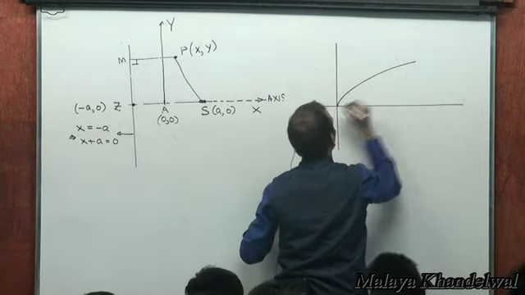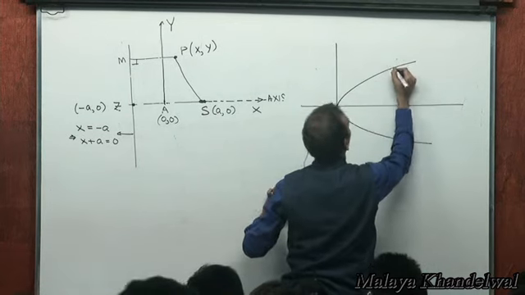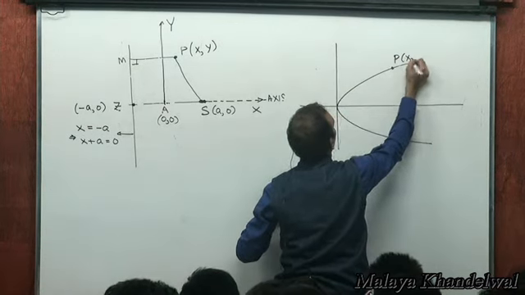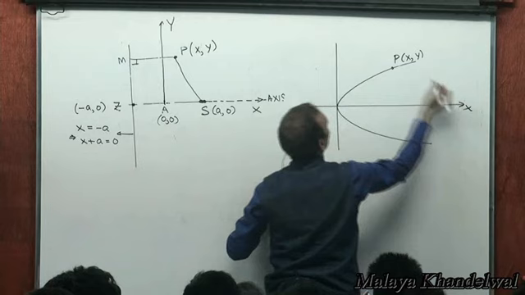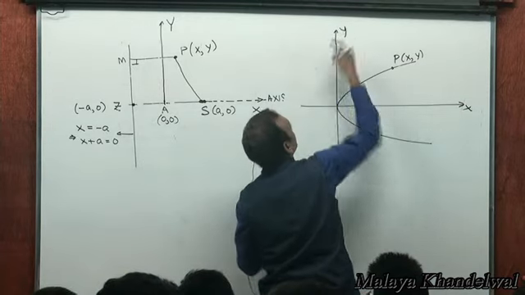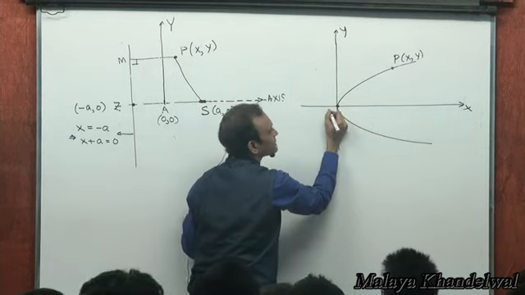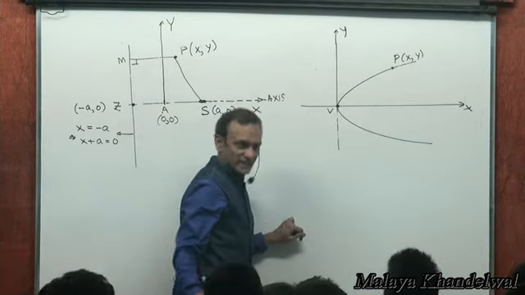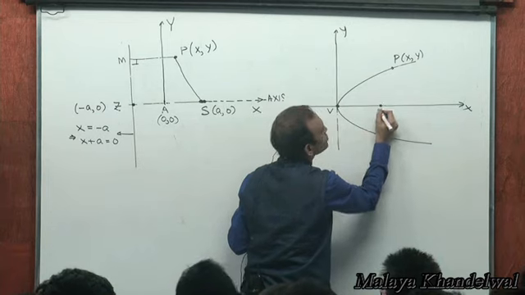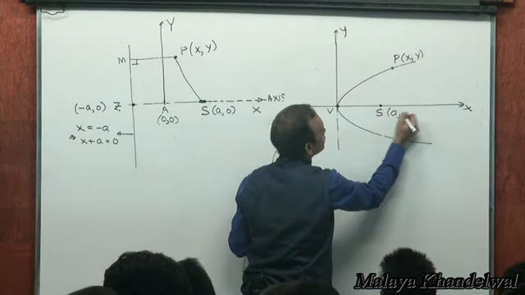This was the standard parabola, with point (x, y). This is the vertex V, and this is the focus S (a, 0).